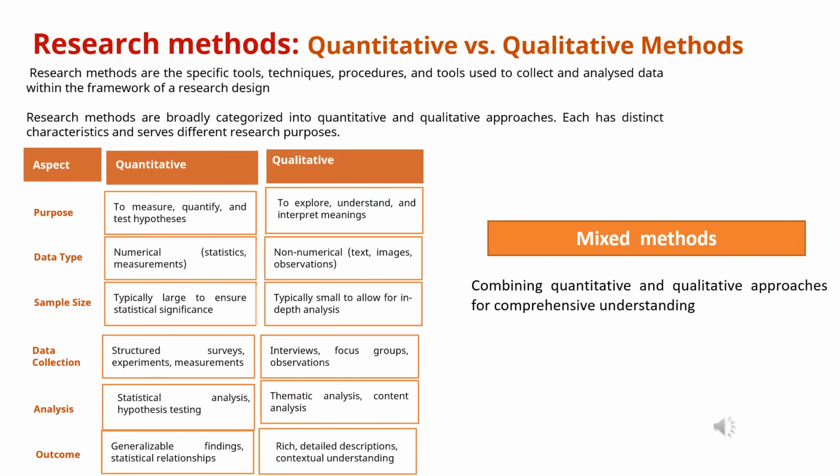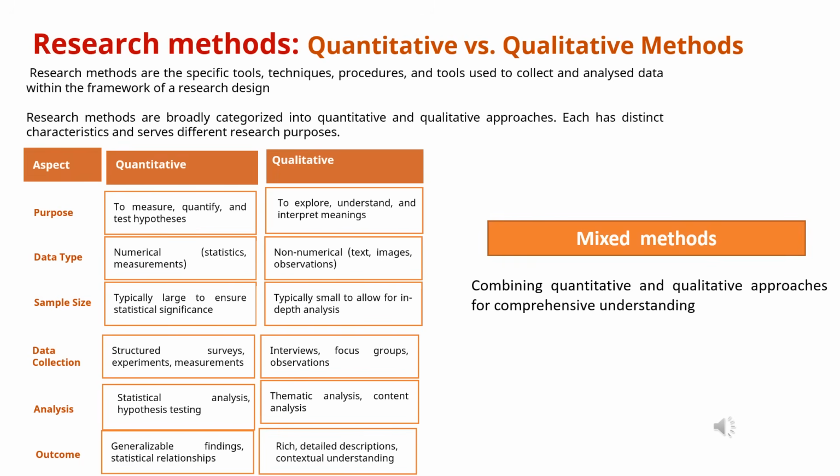Then data collection, with respect to the qualitative method, can use interviews, focus group discussions, or focus group observation. And in terms of the analysis, you could use thematic analysis, content analysis, and in terms of the outcome, maybe detailed description, contextual understanding.